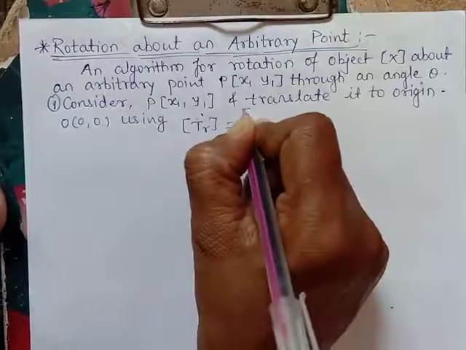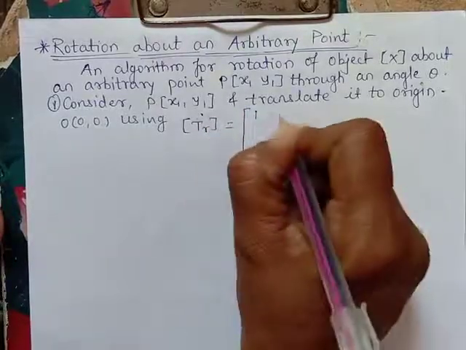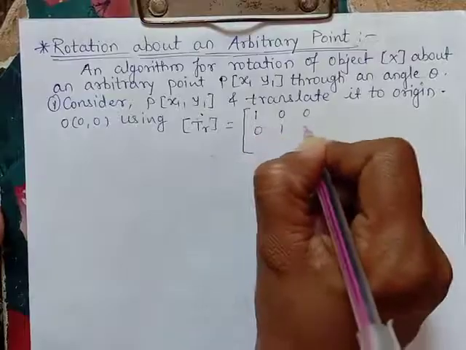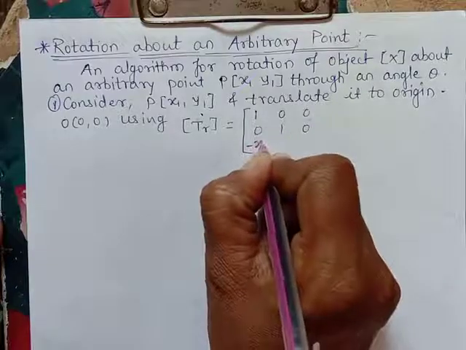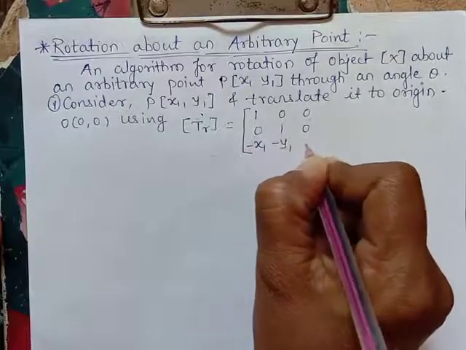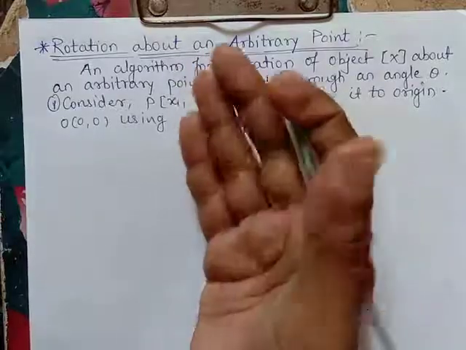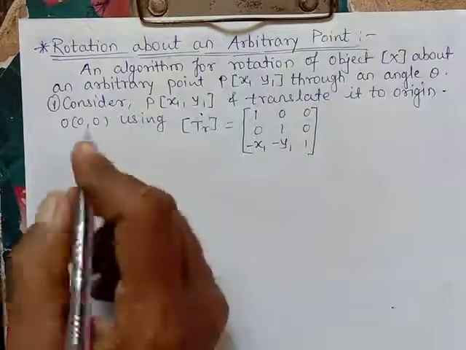Which was the translation matrix? 1 0 0, 0 1 0, minus x1, minus y1, and 1. The point P will translate to the origin.